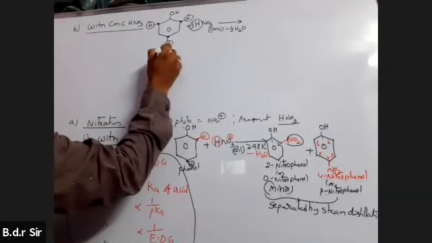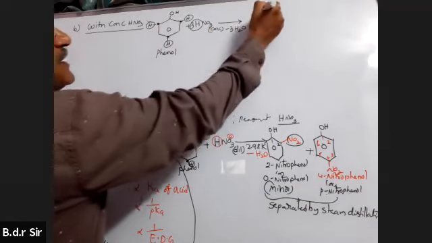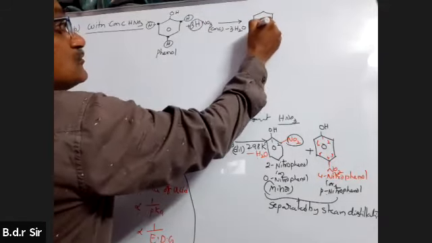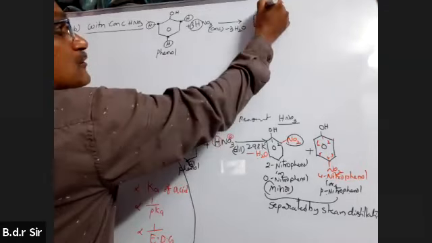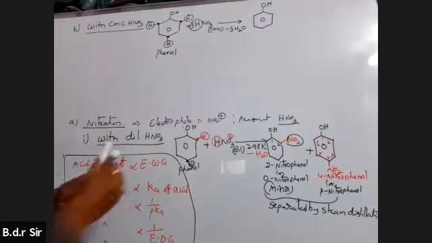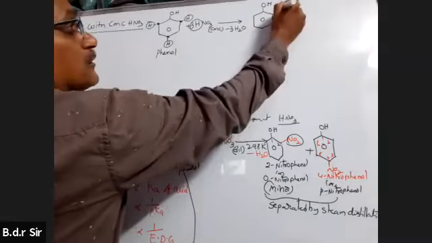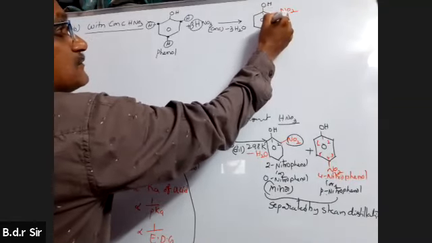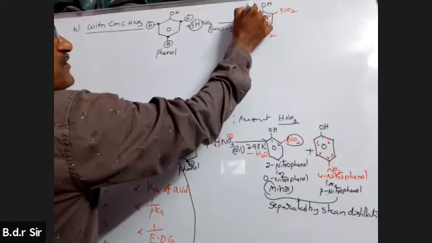This is phenol reacting with concentrated nitric acid, giving rise to a product with NO2 groups attacking at the second, fourth and sixth carbons.